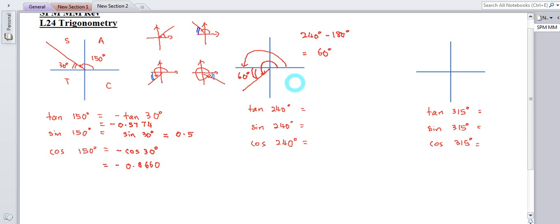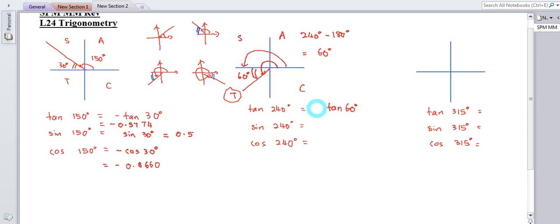Okay, so again, A, S, T, C. So we know that only tangent will be positive. The rest here will be negative, right? So tangent 240 is actually equal to tangent 60 degrees.